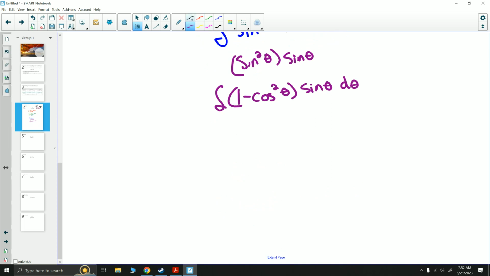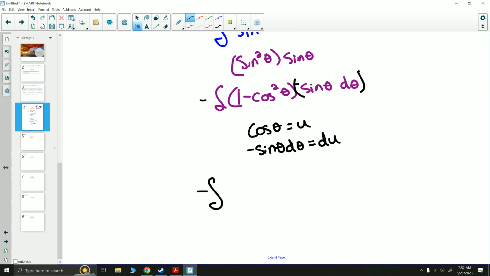If I then call cosine theta my u, the derivative of cosine is negative sine theta d theta, which equals du. So I have a sine and a d theta, I just need a negative. So we'll put a negative in, pull a negative out. We have the negative integral of 1 minus u squared du.